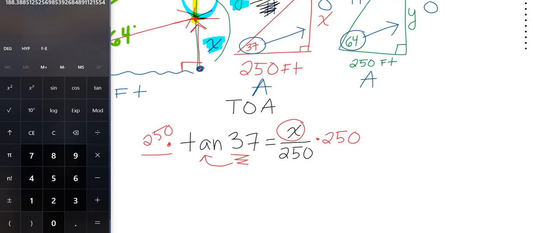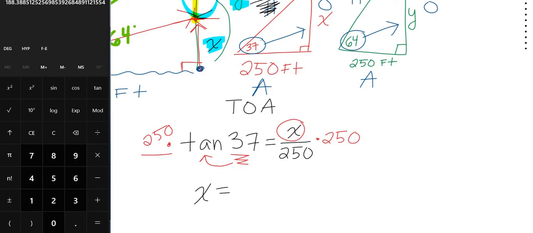I know at the end I have to round to the nearest tenth, but in the meantime, let me go out 4 decimal places. So I'm going to say x equals 188.3885, because after the 5 is a 1. So that is the vertical distance to the first launch of fireworks.